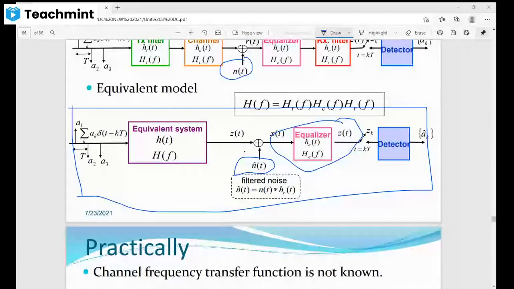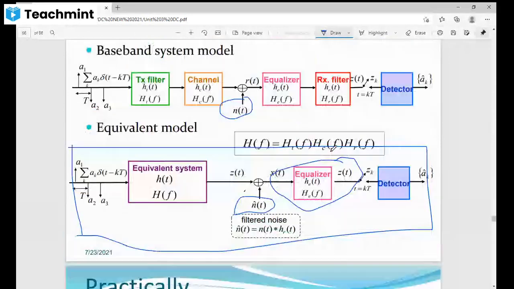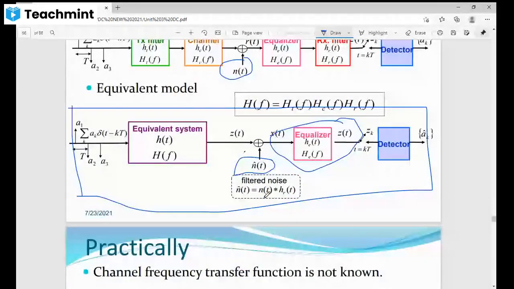Regenerative repeaters have an equalizer circuit which compensates the transmission losses by shaping the circuit, and the equalizer is feasible to implement. If we see the block diagram of a regenerative repeater, in that case also the equalizer is used, and timing circuits are used.